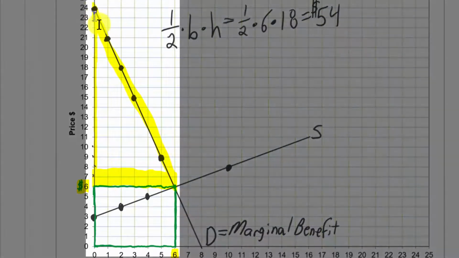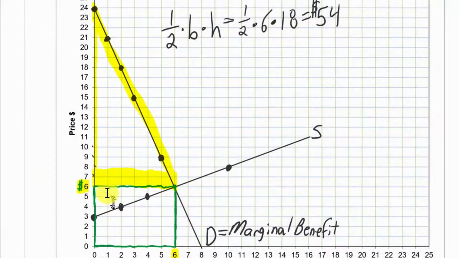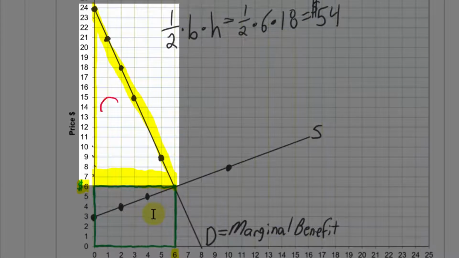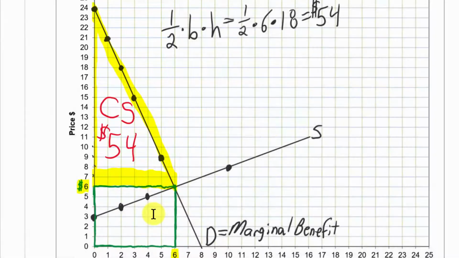Since the total area under the demand curve is the $90 in total benefit, and the green rectangle down here is the total revenue, then that means that this triangle up top here is the consumer's surplus of $54 that we just calculated a second ago.